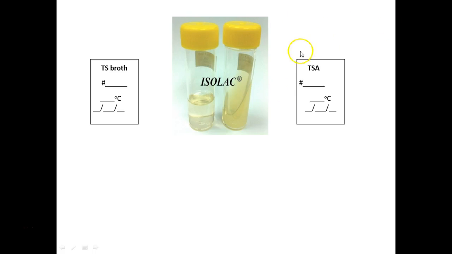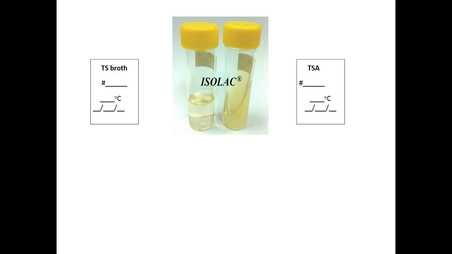So again, TSA is tryptic soy, in the case of A for agar. So it has this component known as a polysaccharide from marine algae. The good news about this component is that we haven't found a microorganism yet that will eat it. And so it's a solidifying agent that we add to the food, in this case tryptic soy.